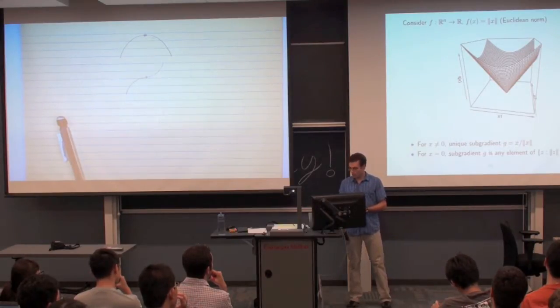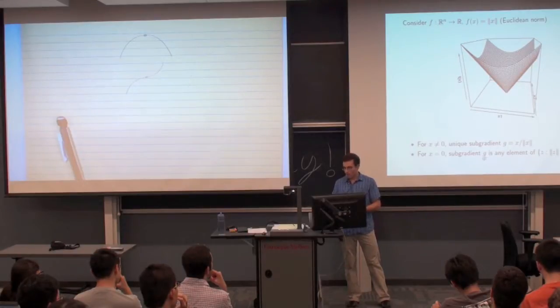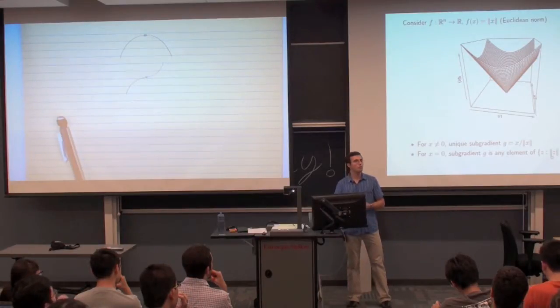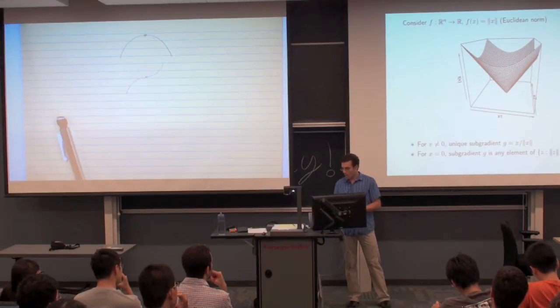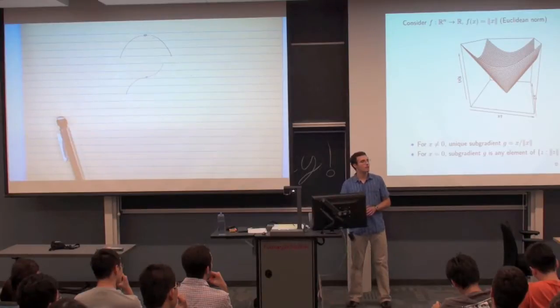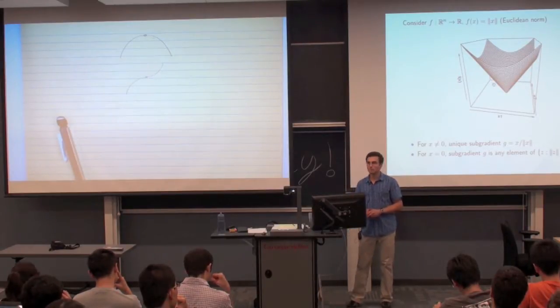If x is 0, then the subgradient is any element of the unit ball. Because if I take anything that has norm larger than 1, I'll get some kind of plane that doesn't underestimate this function.